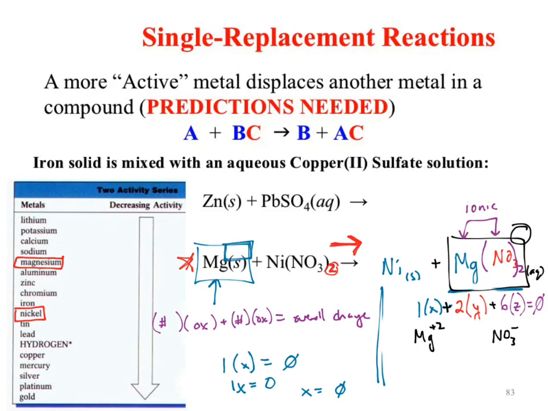What is the charge on the nitrate? A negative 1. So instead of solving that x, y, z, now I have 1 magnesium times its oxidation state, and this has to equal the overall charge. What is the overall charge? What is the oxidation state for magnesium?